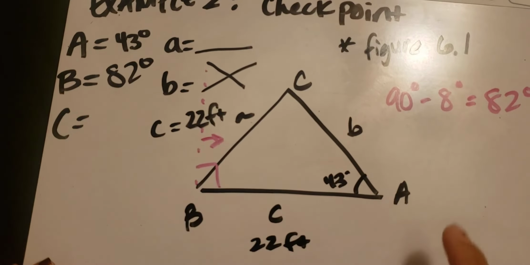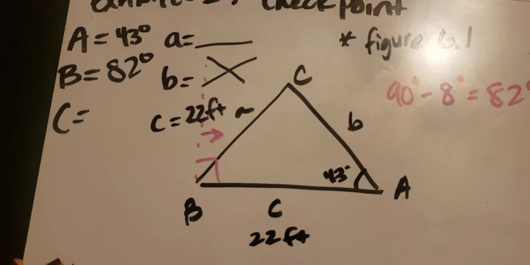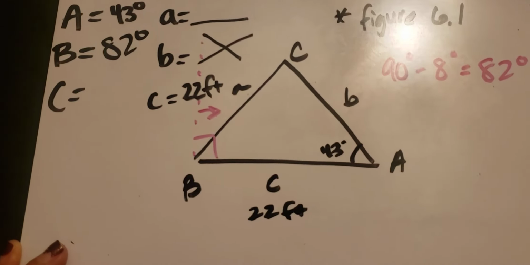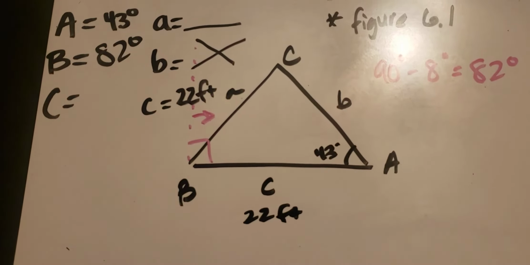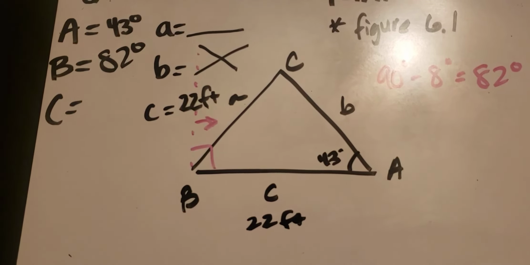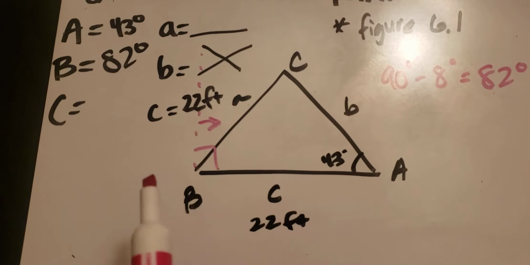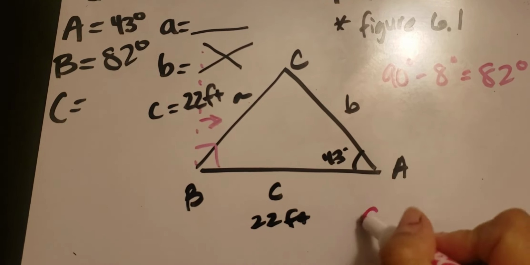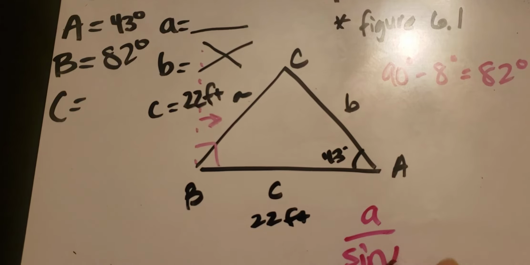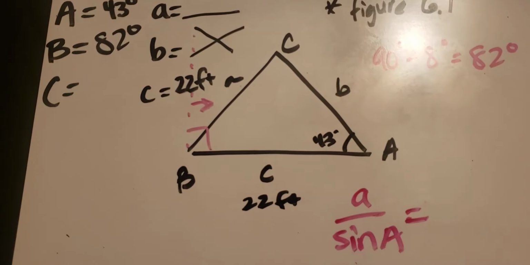Technically they give us an angle, a side, and an angle here. Honestly, you're going to use the same thing you did before, so this should be fairly easy. You're going to use the law of sines. Since we need to find A, we're going to use sine of A.